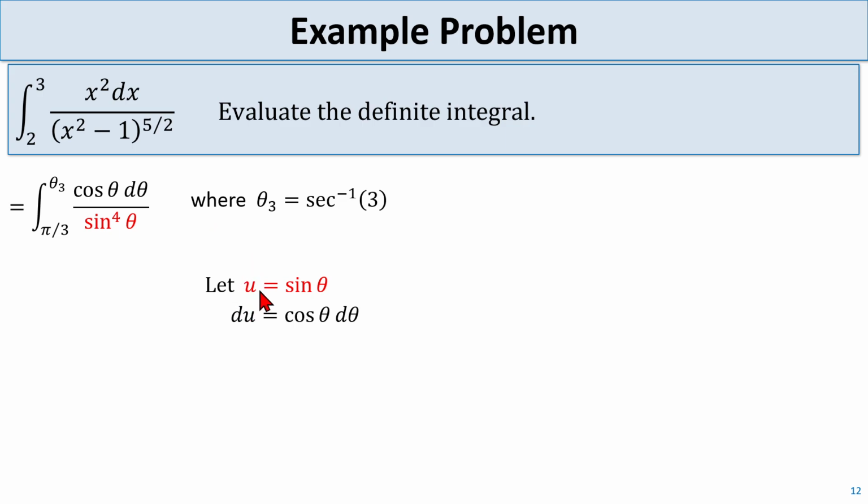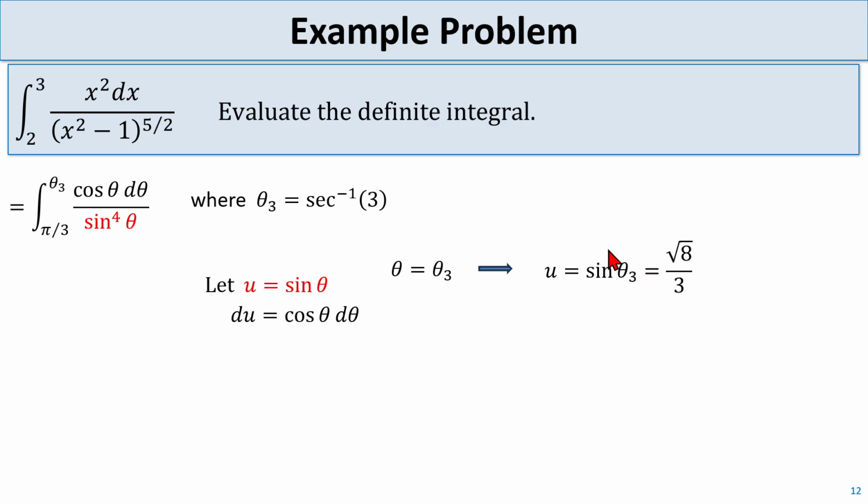Since we change variables, we again have to change our limits of integration. The upper limit of integration was theta equals theta 3, where theta 3 was the inverse secant of 3. And that means u is going to equal sine evaluated at theta 3.